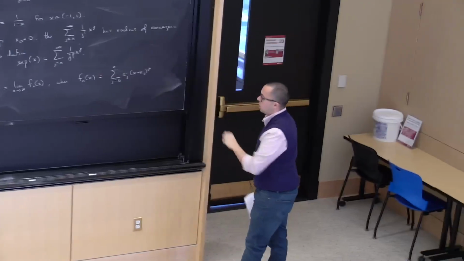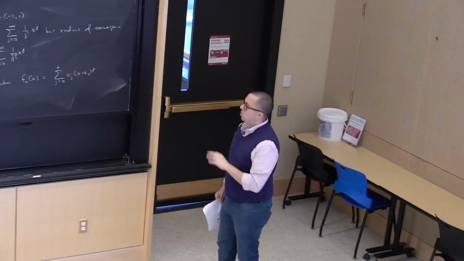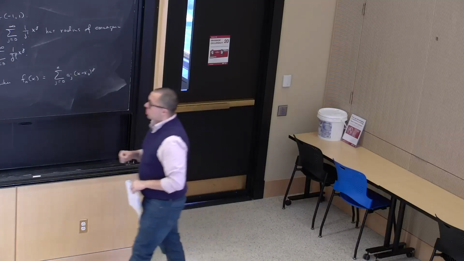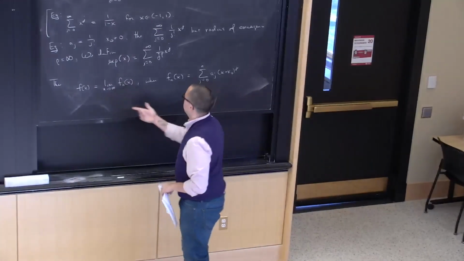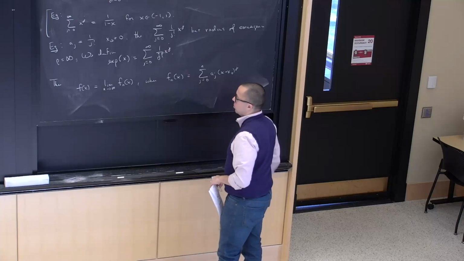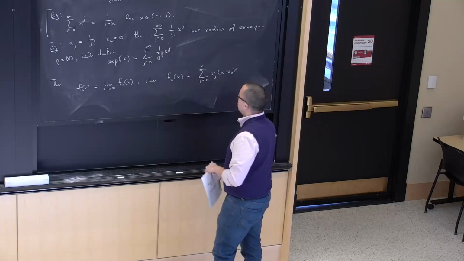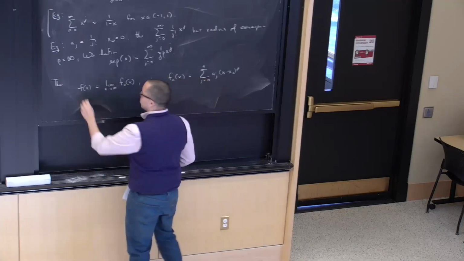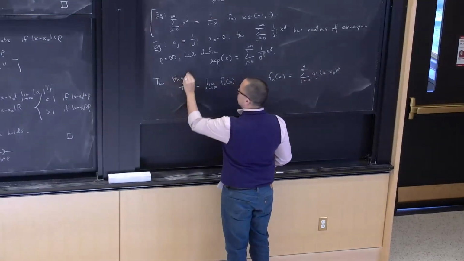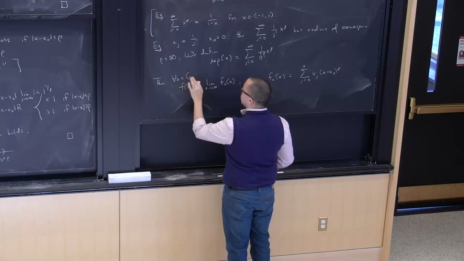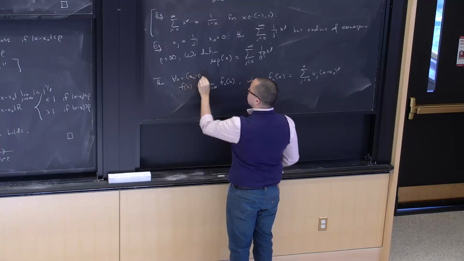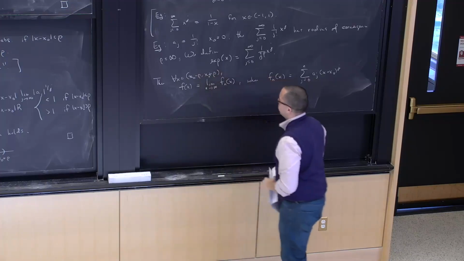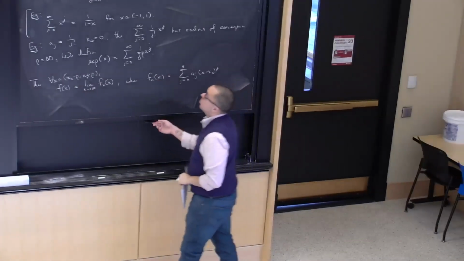It's just a polynomial, right? So for a power series, the limiting function, you can write it as the limit of the partial sums, which are just polynomials. And I should say this holds for all x in this interval.